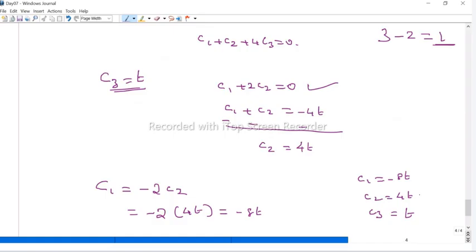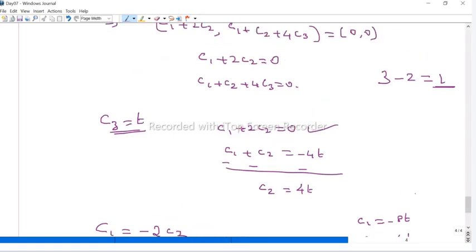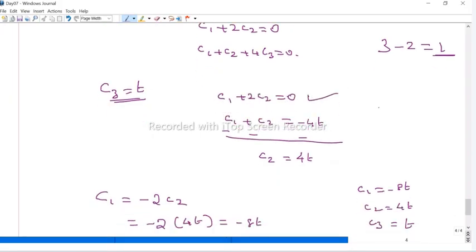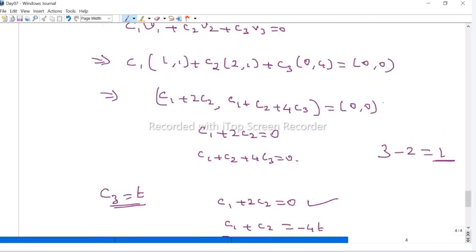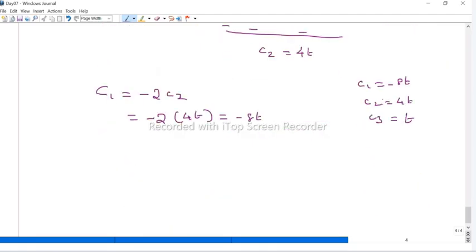We have to check that this satisfies these two equations or not. It is satisfied, right? Therefore, we found the solution: minus 8t, 4t, t.